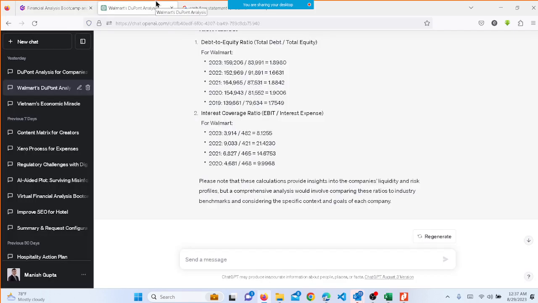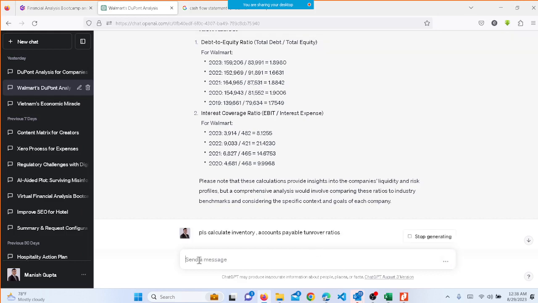So you can calculate inventory and accounts payable turnover ratios.